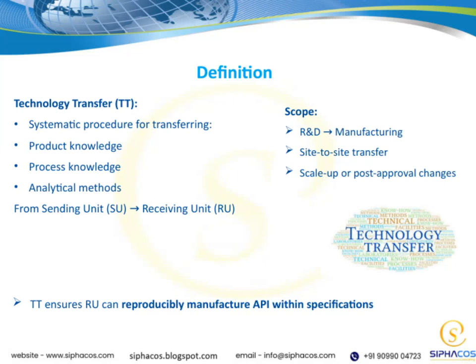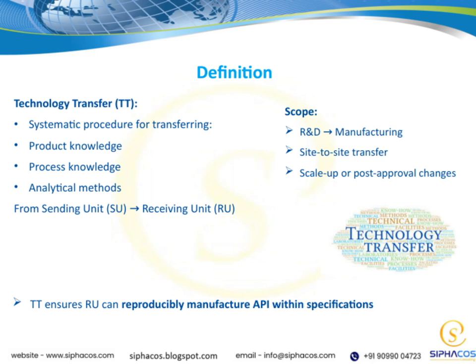So, what we're looking at here is how technology transfer, or TT, plays a crucial role in ensuring that the receiving unit, or RU, can reliably produce the active pharmaceutical ingredient, the API, within the specified quality parameters. Essentially, TT guarantees that the manufacturing process remains reproducible and consistent, no matter where or when it's done.